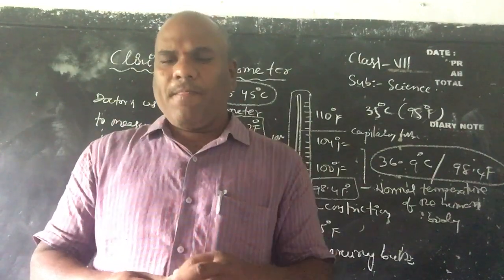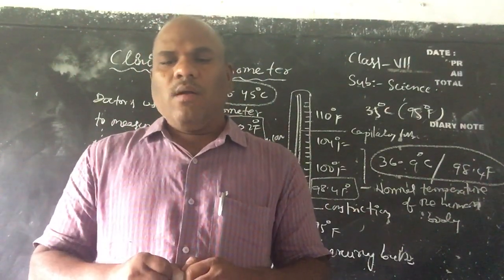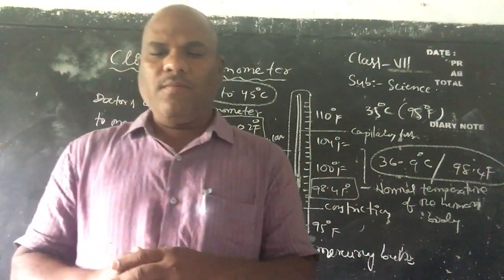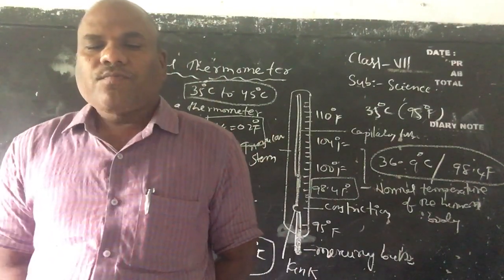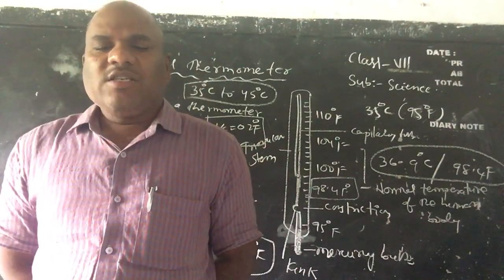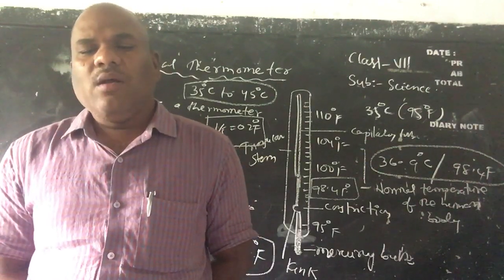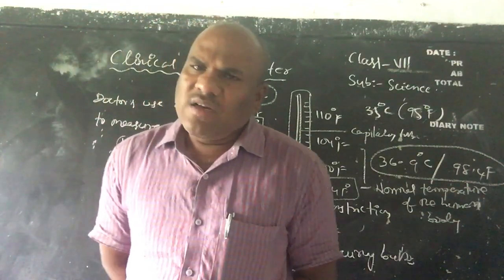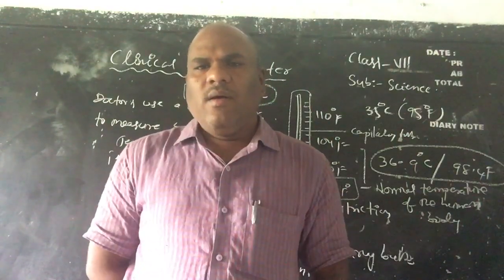Children, feel the body temperature of some of your friends, for example, by placing your hand on their forehead, estimate the temperature and record it in the table. Generally, we can estimate the temperature by placing our hand on the forehead, but it is not absolute.